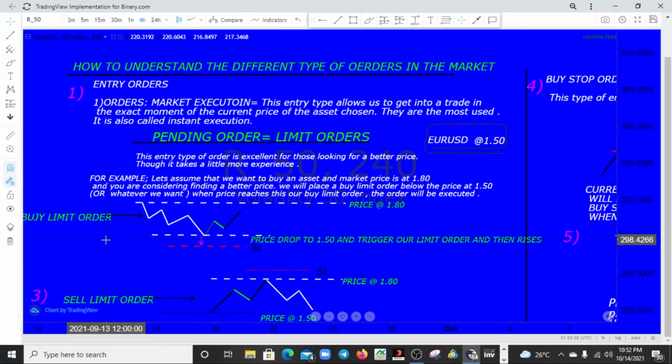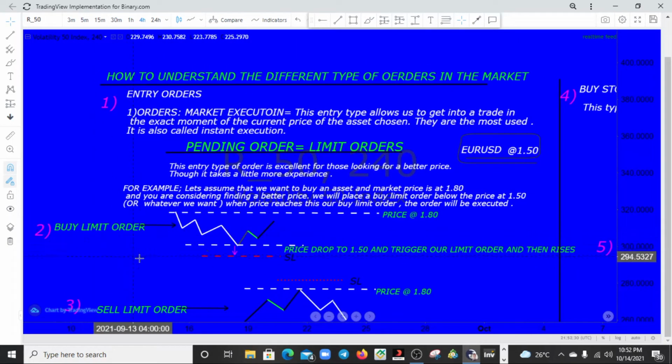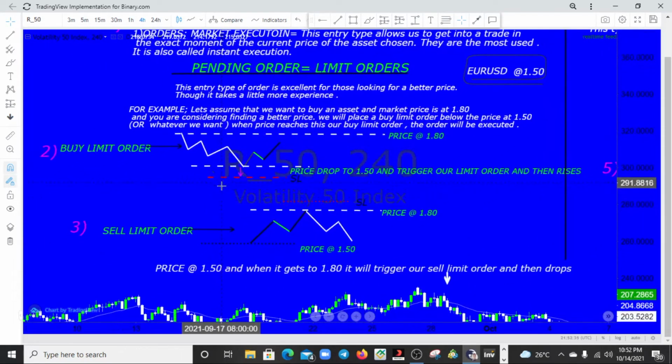Okay, and this type of order is called a buy limit order. Do we understand? Now moving further to sell limit order, which is the opposite of it.